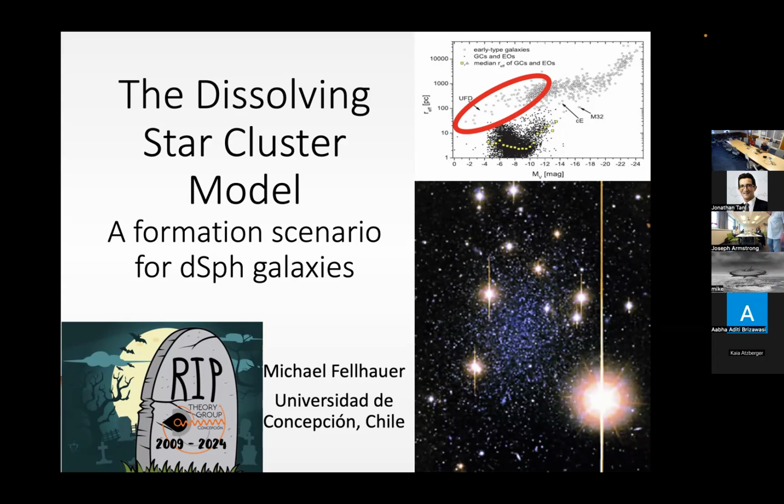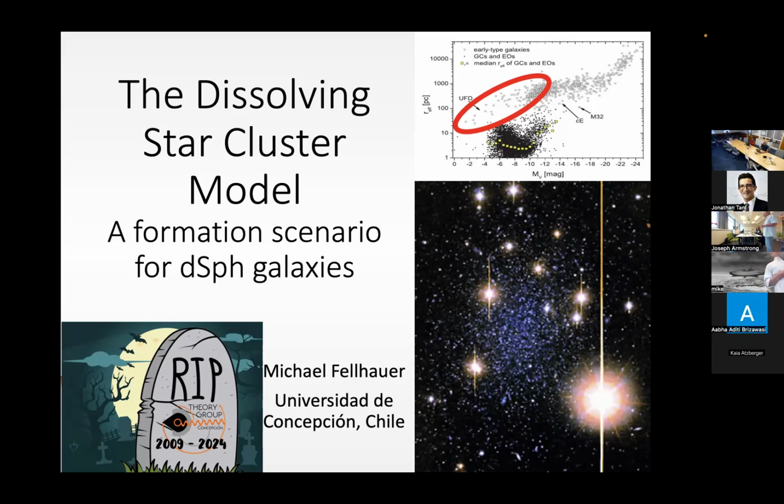You see here on the right one of the more massive dwarf spheroidals of the Milky Way, which is known since the 1930s. But most of these systems are really, really small.